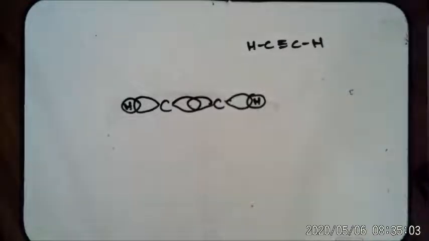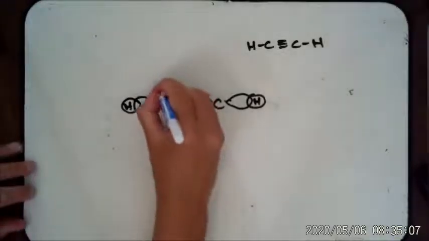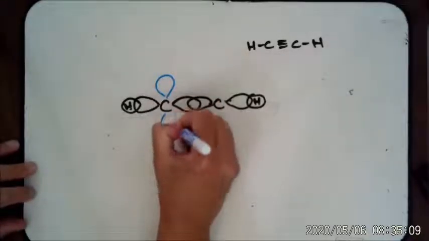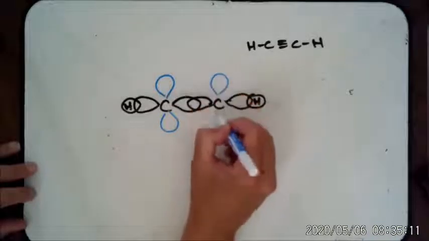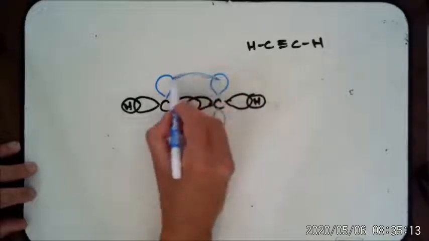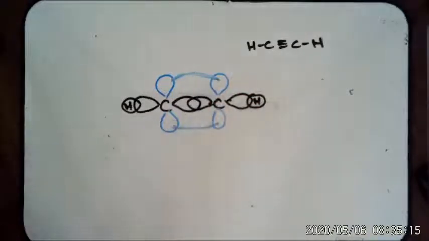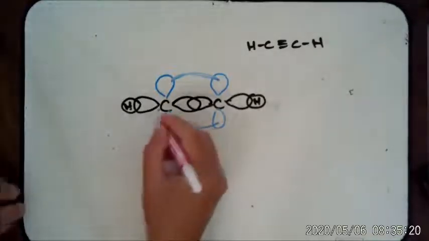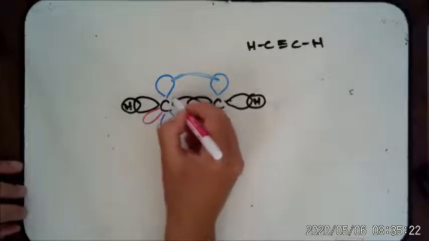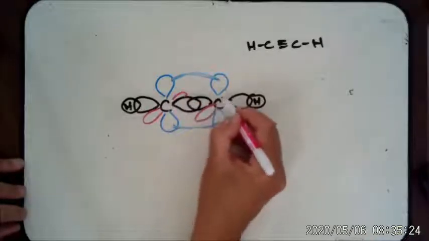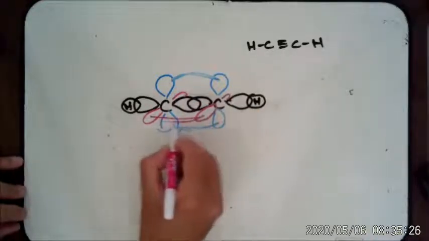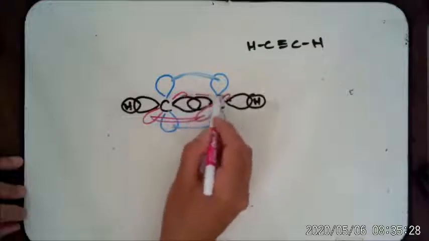So you're going to have a pi bond in the plane of the board, and coming out of the plane of the board will be your other pi bond, because remember, all your p orbitals are 90 degrees from each other.